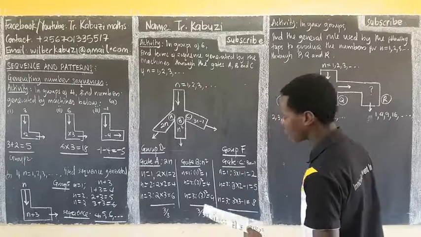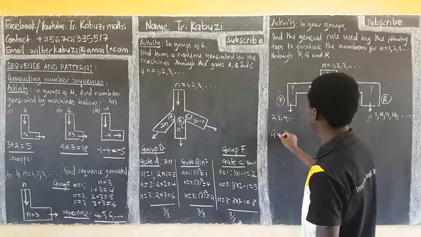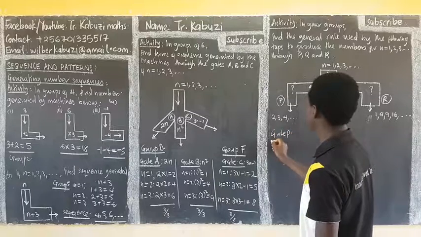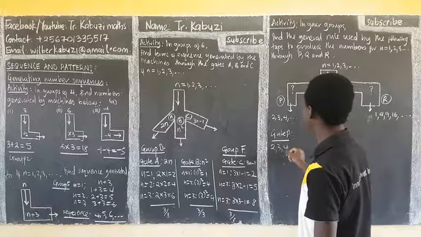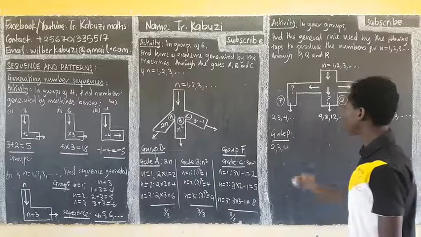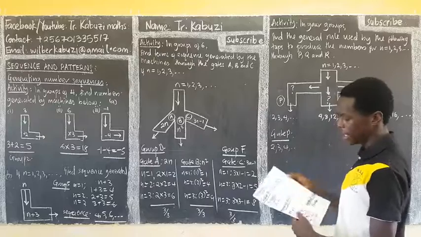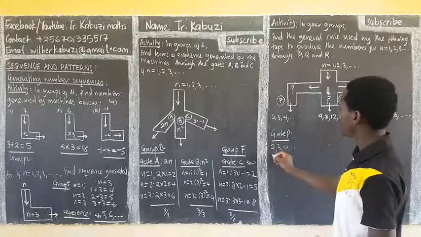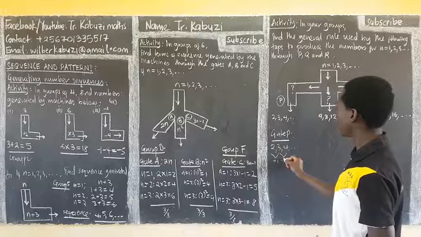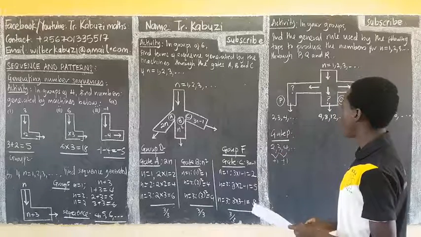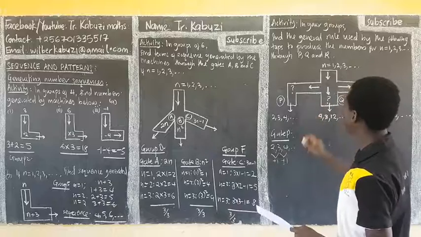So they said get P. Get P, we have 2, 3, 4. So they say, hope you can see, here we add 1. Here we also add 1. But remember our n, this was our n.